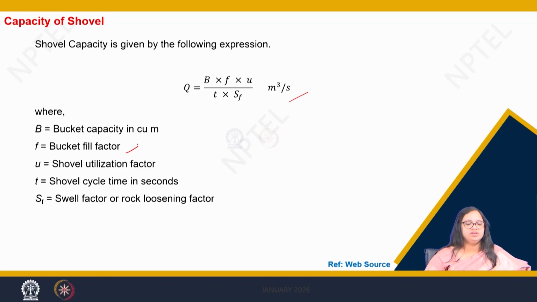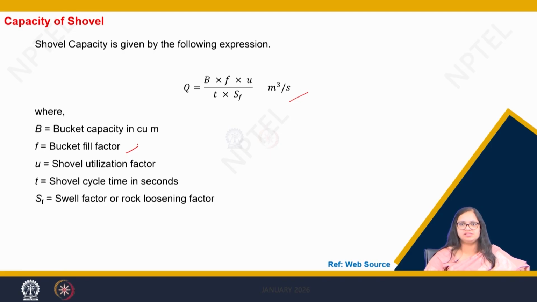Now again coming to another factor, which is the swell factor or rock loosening factor. Now in the virgin state or undisturbed state, the rock would be having certain volume. Now when you disturb it, it expands. You cannot fill it into the same crater or the pit that you have dug, because its volume has expanded.